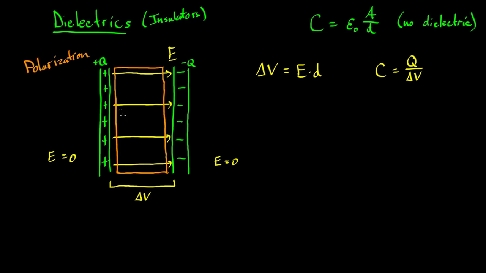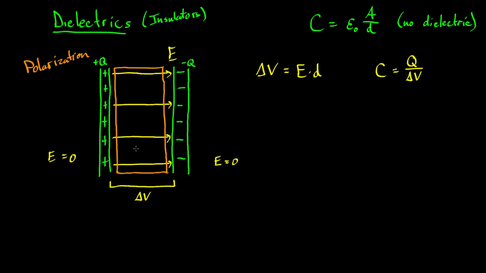Inside of this material, because of the electric field, or you could think about it in terms of the charges. In terms of charges, the positive charges are going to attract the negatives, and the negatives will pull the positives.